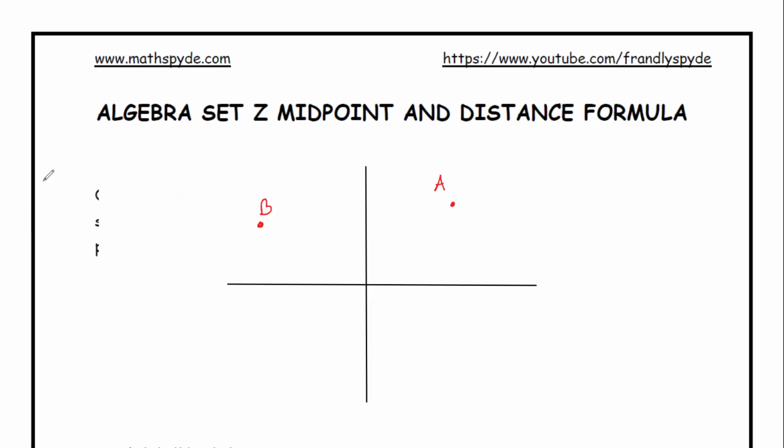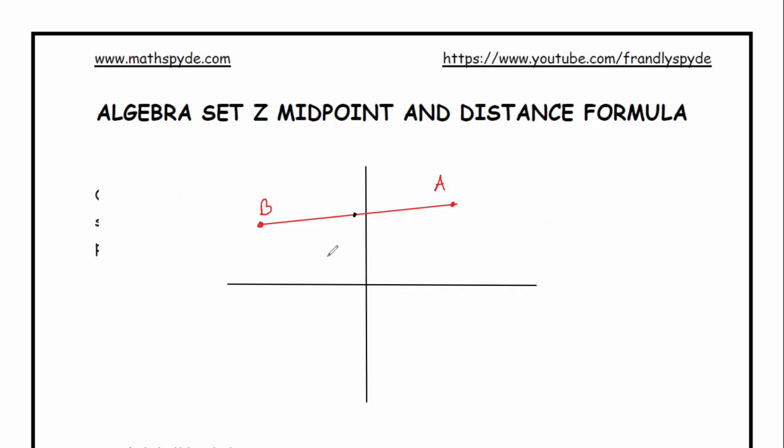If we join these 2 points, then we have a line segment, you could say. So usually a midpoint is the center point that divides the line segment AB into two equal halves, right?